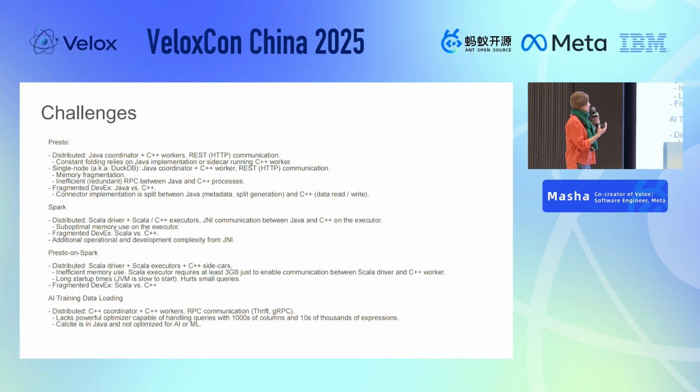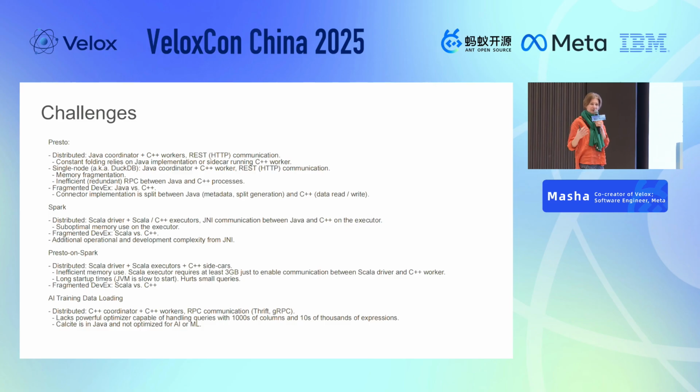For Spark, we are also noticing that having a need to run a Java executor, which is capable of speaking the Scala-specific, Java-specific protocol with the driver, and a sidecar C++ process that runs the query fragment, means we need to allocate extra memory, extra CPU cycles.